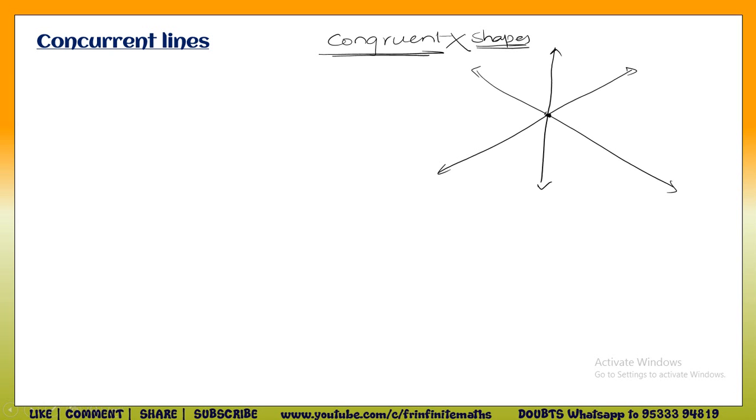Okay, now you might have understood, right? So concurrent lines means two or more lines which are passing through the same point of intersection. For concurrent lines you should have a minimum of 3 lines, and all those 3 lines should pass through the same point.